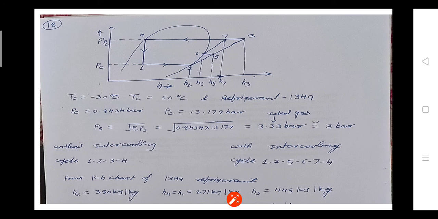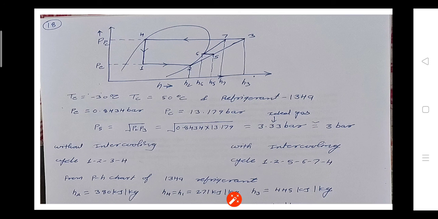When there is intercooling, or multiple compressors are used, the first compressor process takes place from 2 to 5, then from 5 to 6 the intercooling takes place, where the temperature at 6 is equal to the initial temperature entering the compressor, that is T6 equal to T2.